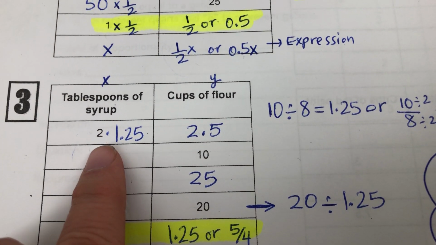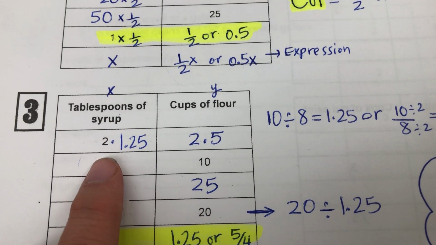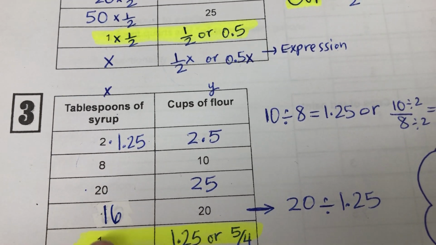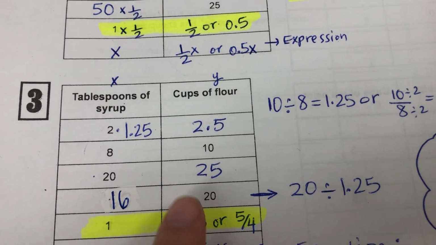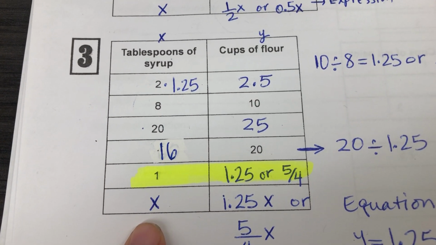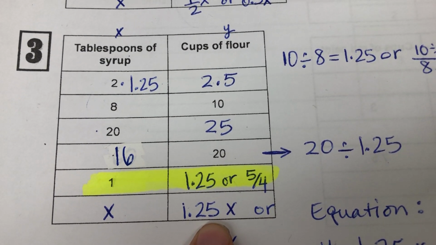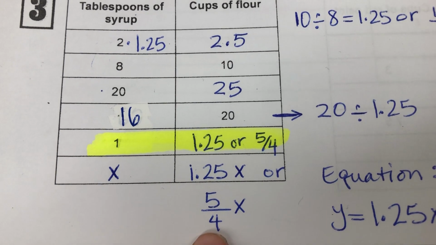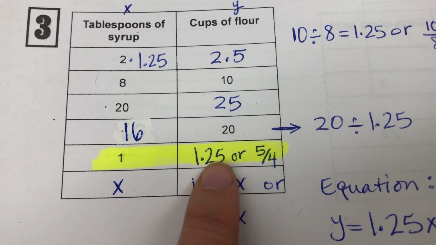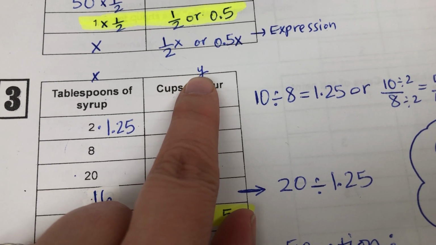So that is the number that we multiply the left column by to get the right column. So here's all of them. Again, we write x for the left column. So the right side is going to be 1.25x or 5 over 4x. And that expression is equivalent to y.